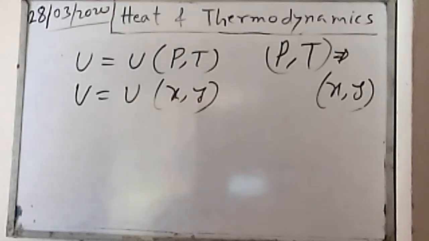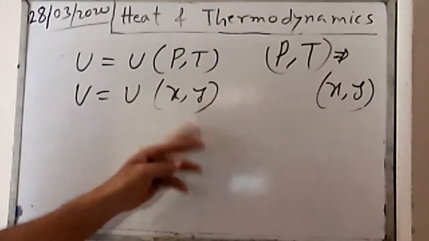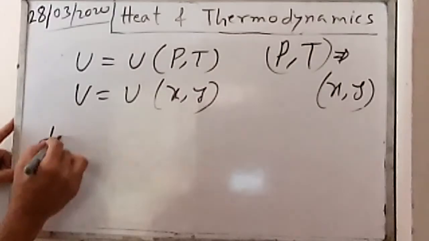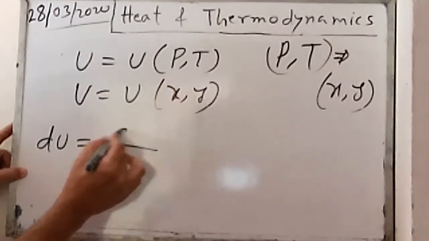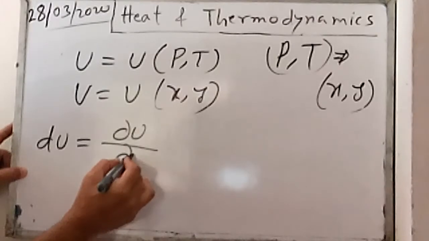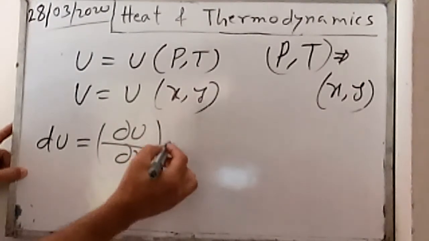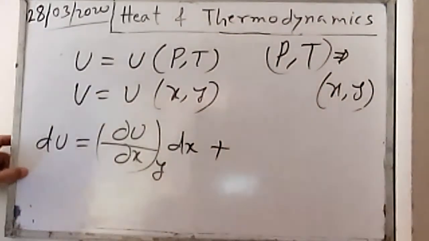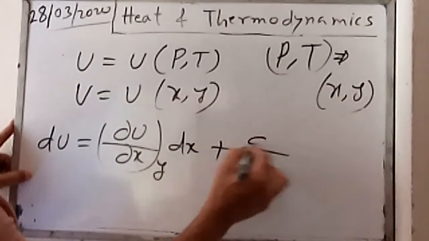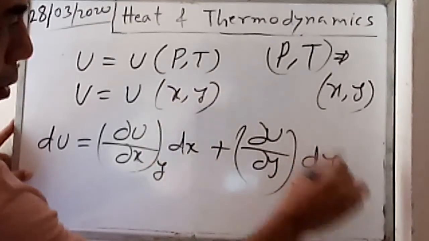If we write them as functions of x and y and partially differentiate this equation, we will get du equals del u by del x at constant y, dx, plus del u by del y at constant x, dy.